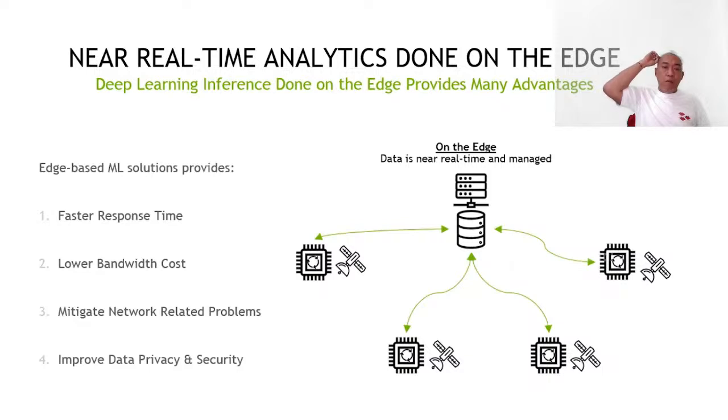For example, faster response time for when decisions based on data processing must be made immediately. Lower bandwidth cost since the amount of data to transfer can be managed. Mitigate network-related problems if there's no or low network connectivity in remote locations. Improve data privacy and security since edge devices can be programmed to discard sensitive data after it's been processed.